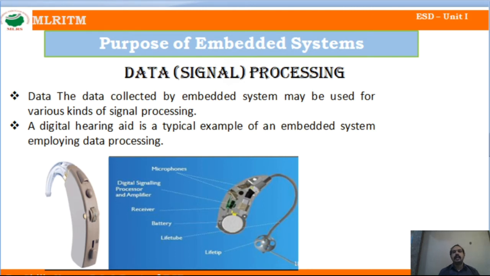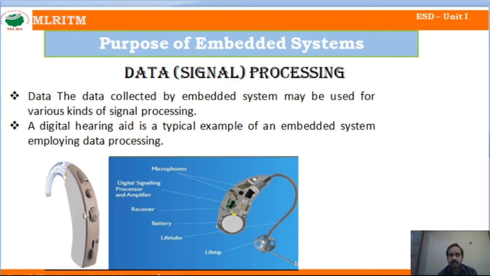Next one is data or signal processing. So you consider signal processing. Signal processing is different from what? General purpose computing. General purpose computing means what? We can perform any operation, but signal processing means an IC will be there.